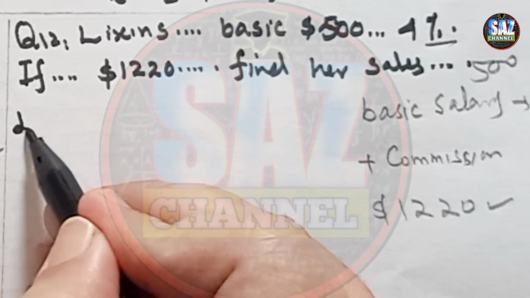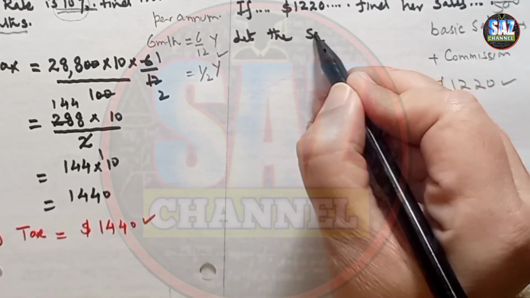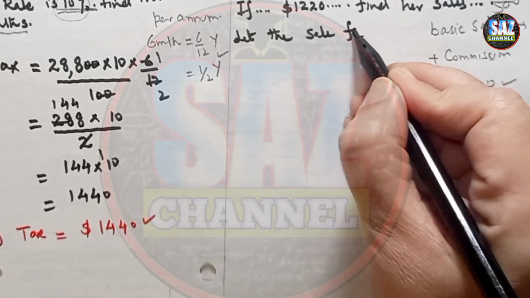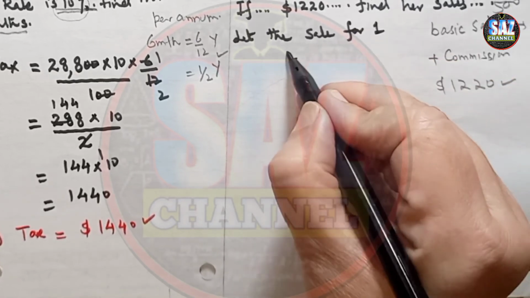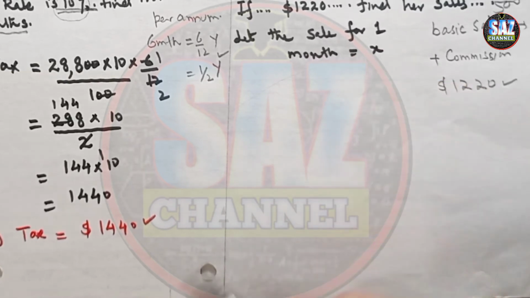So let the sales for that month equal X. Now try to understand how we are going to make the formula for her total monthly income.